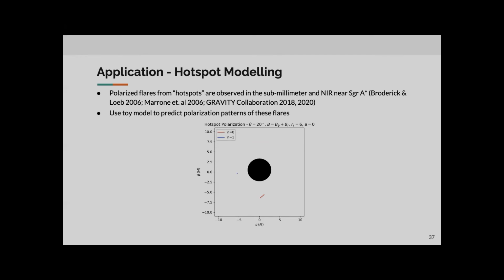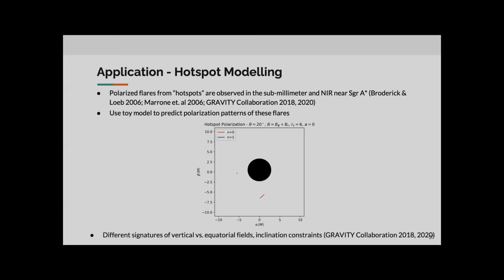All right, so we see from these kinds of movies that using our toy model, we can get very simple pictures to isolate the effects of various parts of the polarization to determine how these polarized images are affected. And we're able to do so for both the direct and indirect images, and we see the differences between the two. We're able to then take these kinds of movies and analyze them a bit more quantitatively to determine features of the magnetic field.